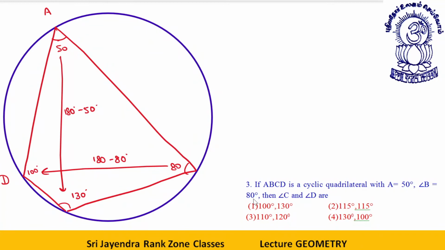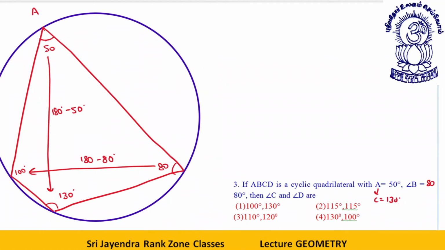The moment you see A is equal to 50, C will be 130. The moment you see B is equal to 80, D will be 100 degrees. I hope all this is clear to all of you. You can have a look over it if you want to.